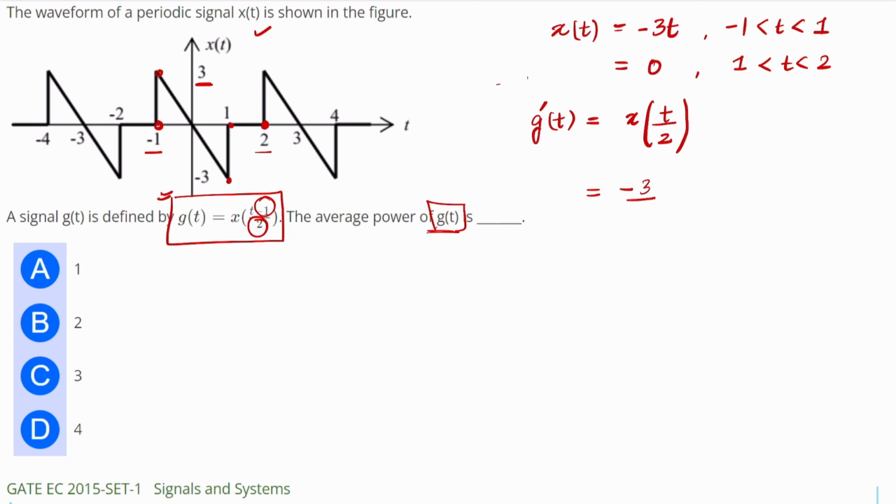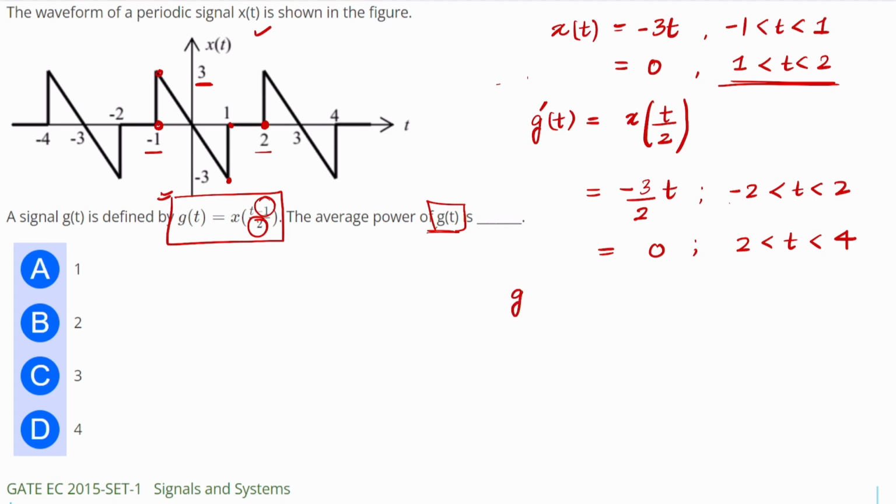So it will become minus 3 by 2 t, and the time interval will be multiplied with 2, so that becomes minus 2 to 2. And this is 0, so it won't change. Only this range will change: 1 into 2 will be 2, till 2 into 2 will be 4. So now our signal will exist from minus 2 to 4, right?